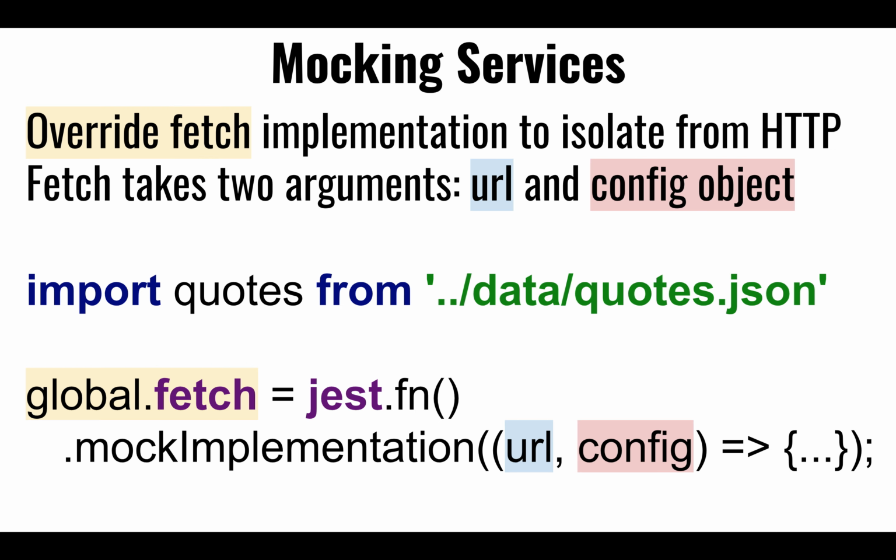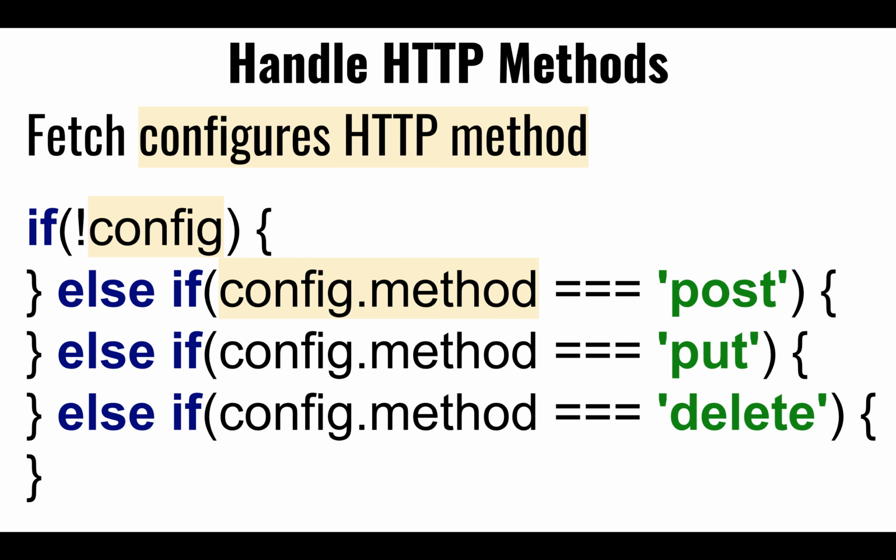We're going to replace the fetch with another function that also takes two arguments, and we know that the first is the URL and the second one is a configuration object. The implementation of this replacement function is going to check to see if there's no config. If there's no config, we're going to assume that this is a get, and we're going to behave as if we were getting.